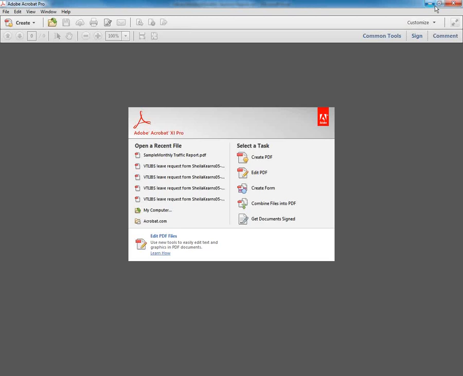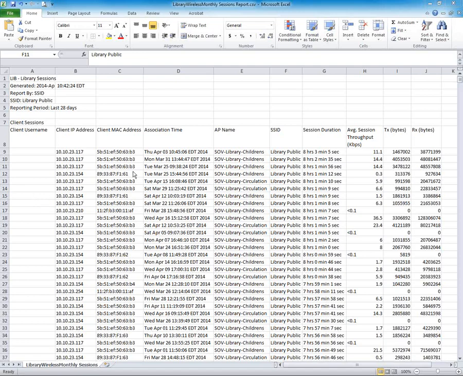And the other report that you received eventually will look like this once you open the comma-separated values. It should automatically create each of these columns across here.